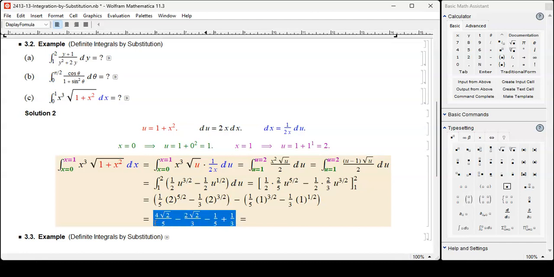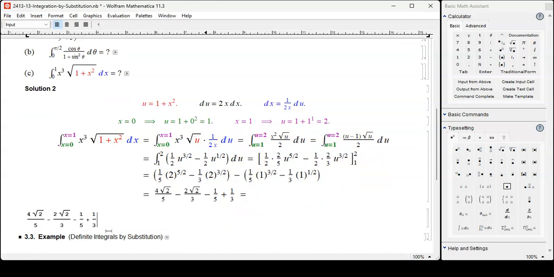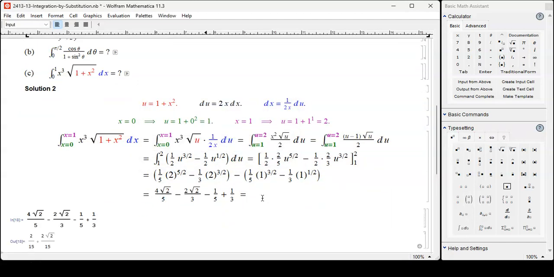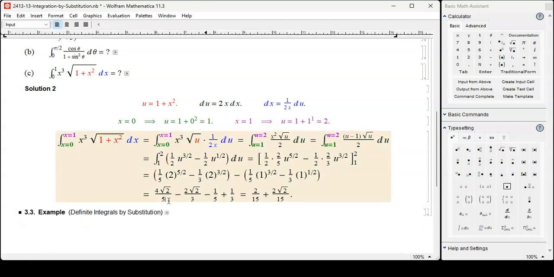Oh my, I got tired of it. Let me ask Mathematica to simplify this. And then you're gonna get 2/15 plus 2 square root of 2 over 15. Yeah, I believe you. I mean, common denominator 5 times 3 is 15 after all, and then we have those square root of 2's. Okay, that makes sense.